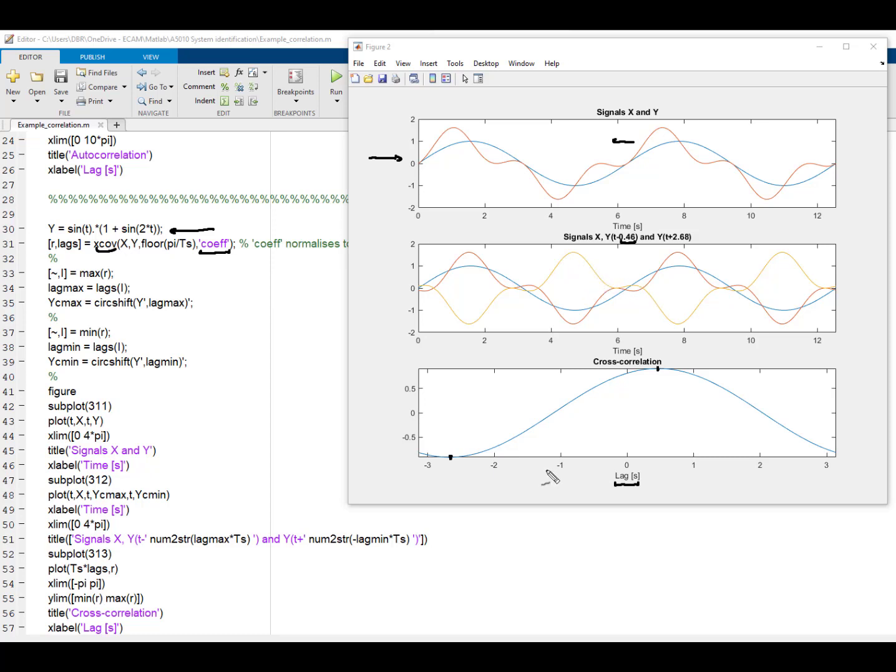And you see here that the two signals move in opposite directions, right? And this lag here corresponds to the case where the cross-correlation is minimum. Once you have computed the cross-correlation, you can use the min and max commands to automatically determine the lags that correspond to a maximum and minimum cross-correlation.